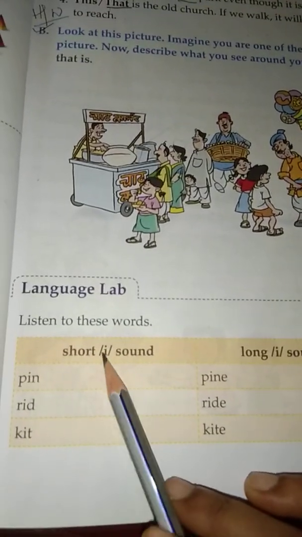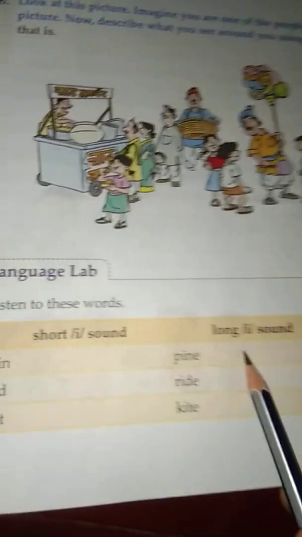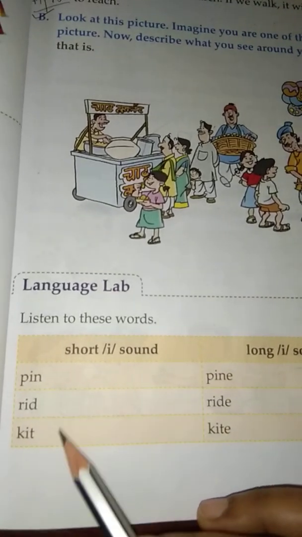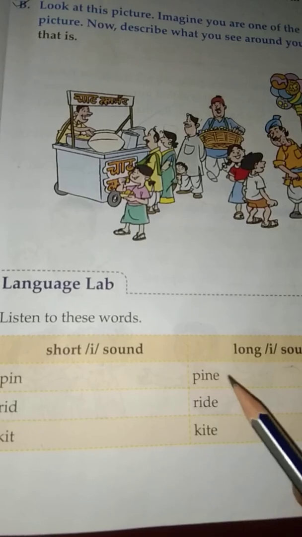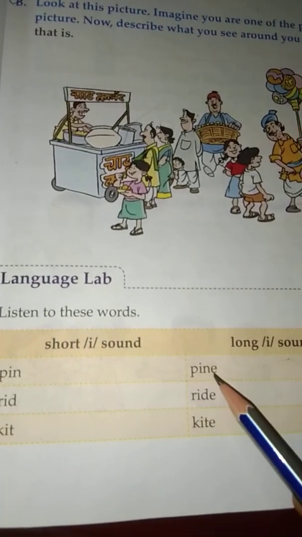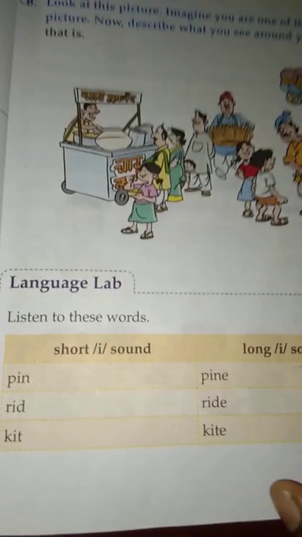Next you see, in the language lab portion, short I sound and long I sound. Short I sound means pin, kid, rid. The I which we pronounce for a short time is the short I, and the one we pronounce for a long time is the long I sound. For example, pine, ride, kite.